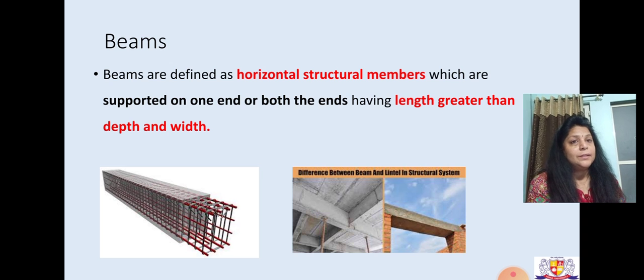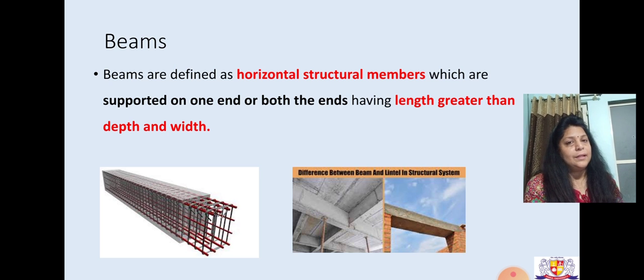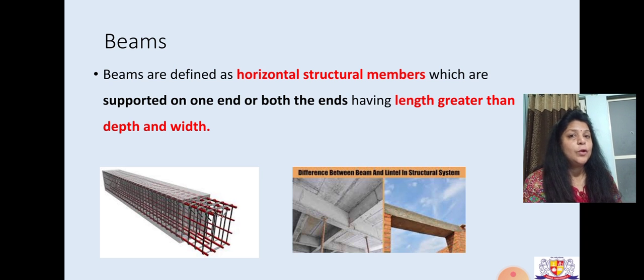But the horizontal member is nothing but the beam. It's a horizontal member which supports the load coming from the superstructure and distributes it to the walls. Okay, so that is a horizontal member.